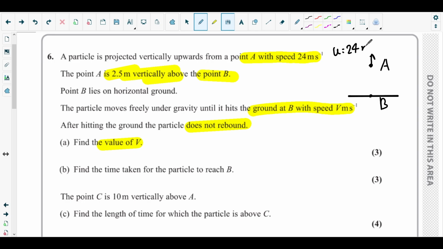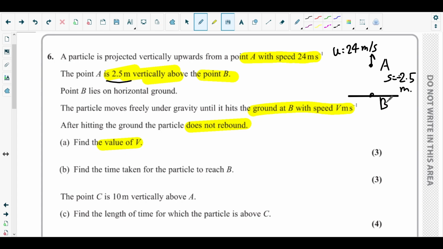And point A is 2.5 meters vertically above point B. That means when the particle is at point B, the displacement from point A would be in the downward direction by 2.5 meters. We will consider the upward direction as positive, so downward will be negative. The displacement is negative 2.5 meters.